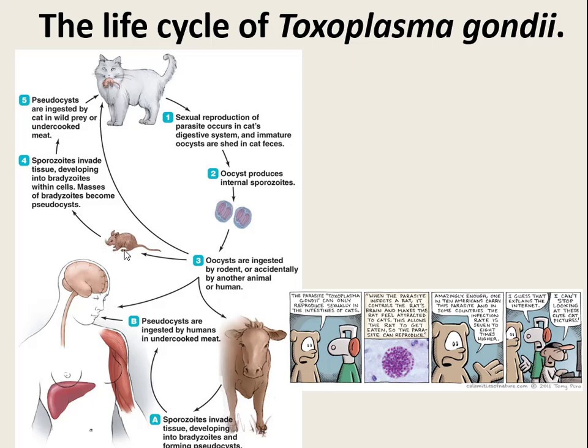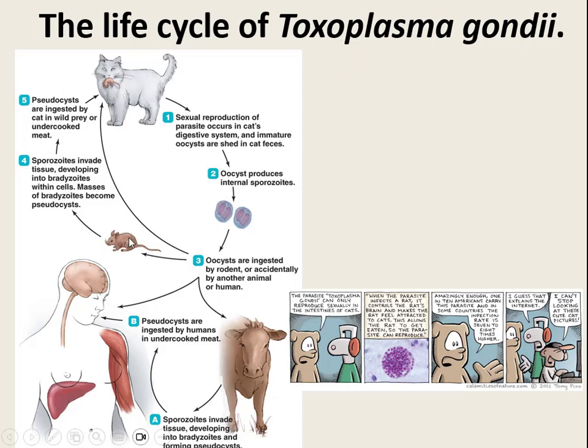And so mice will no longer be afraid of cats. This mouse would go right up to the cat and be like, hey, how's it going? It's not uncommon. Lots of parasites can cause behavioral changes in their hosts to help complete the life cycle.